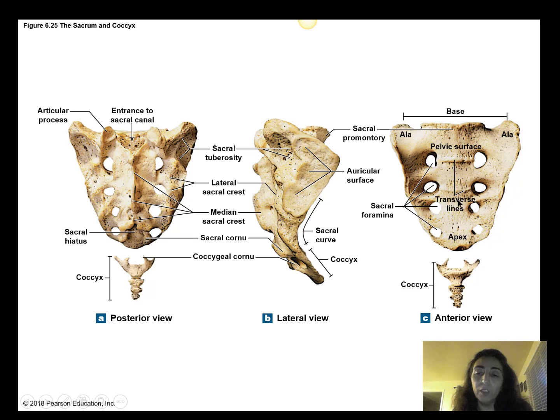We call them transverse lines, right? Then the other things that you see, all these foramina, sacral foramina, they are in the sacrum, and they are all those intervertebral foramina that you had between the 2 vertebrae. Now all these ones have been fused, so you have them all in one place, right?